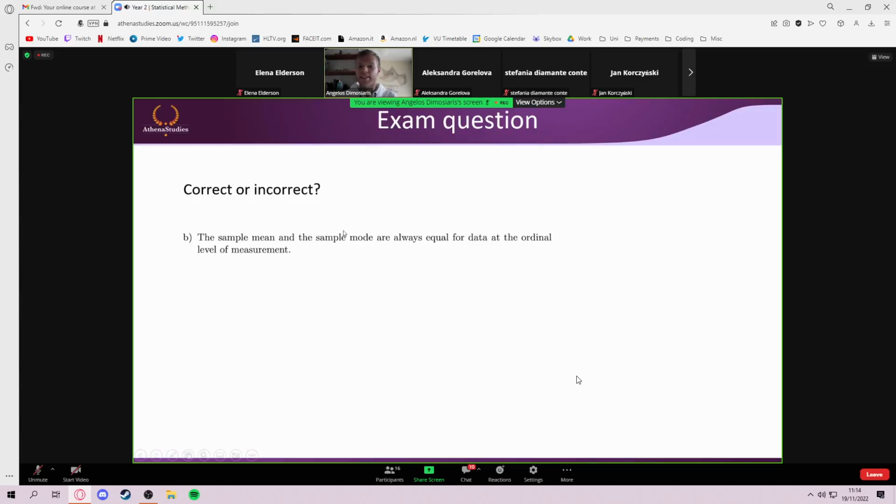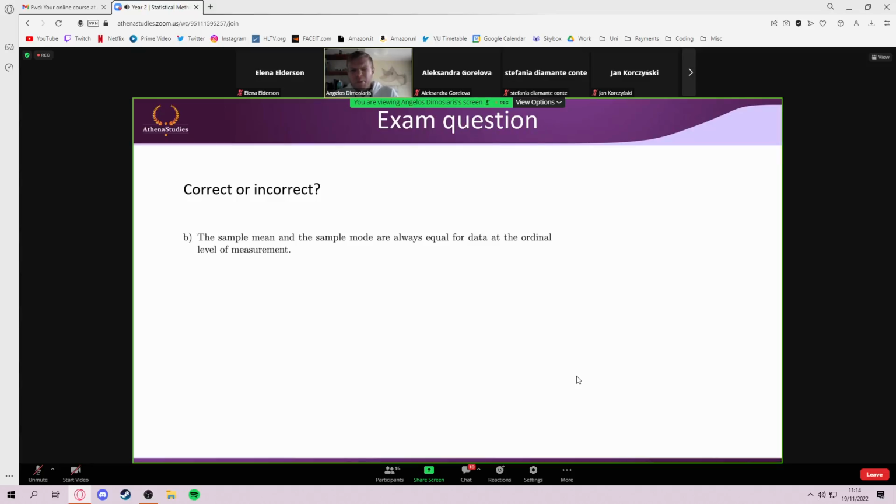The mode is exactly the same. And the mean now is 1 plus 2 plus 10, which is 13 divided by 3. That's 4 point something. In that case, my sample mean is not the same as my sample mode. So, no.